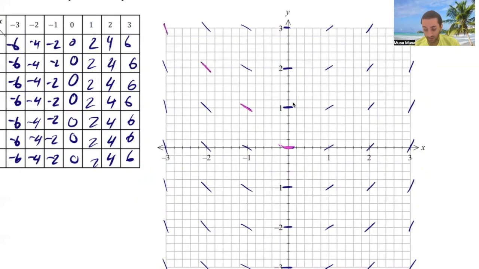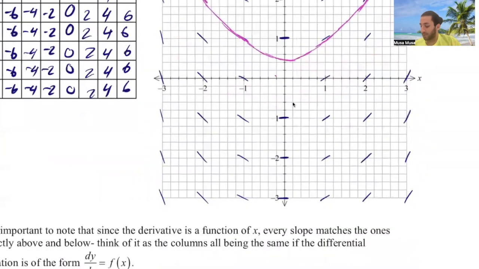Now, no one's saying it's going to go through exactly those points, but maybe I've started in the worst position, but it could be somewhere there. And you can see it's getting steeper and steeper. And even on this side, steeper in the negative. It doesn't have to go through exactly all of those points. The idea is that when it gets to there, it should be steeper. So as you move to the right, it gets steeper and steeper. As you move to the left, it gets steeper and steeper. Nice. That's the premise behind this.